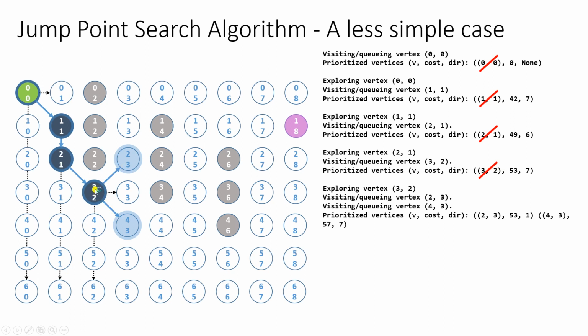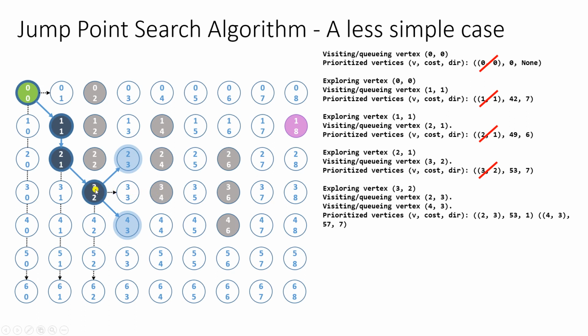We are always doing the scan horizontally and vertically. Vertically it would be all the way to vertex 6, 2, which is the edge vertex, so nothing interesting found here. And horizontally we found vertex 3, 3, but we cannot go any further. There's an obstacle, so we are also stopping here.